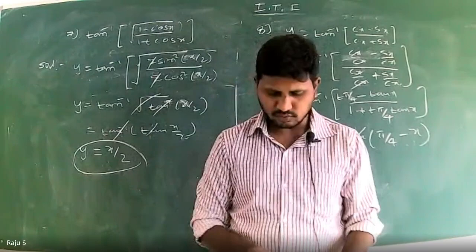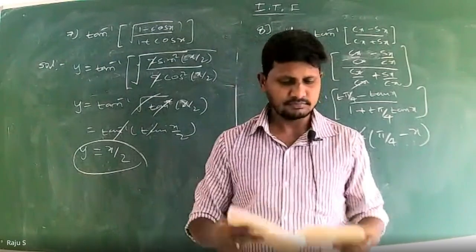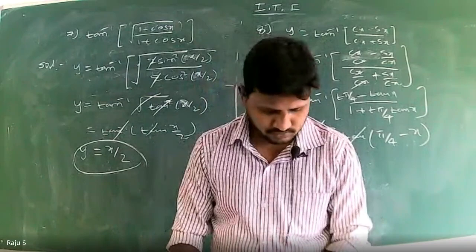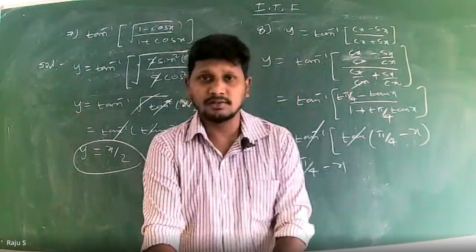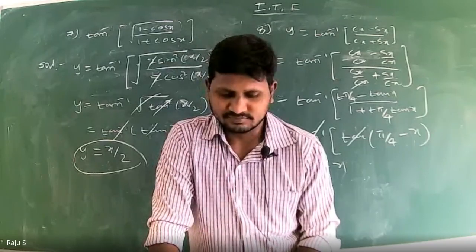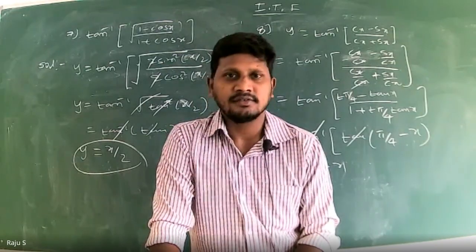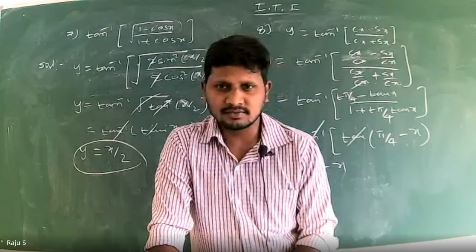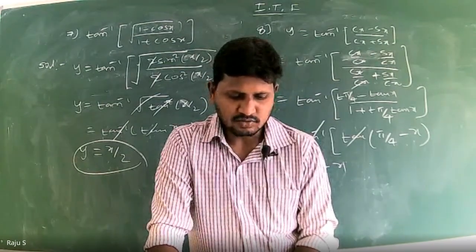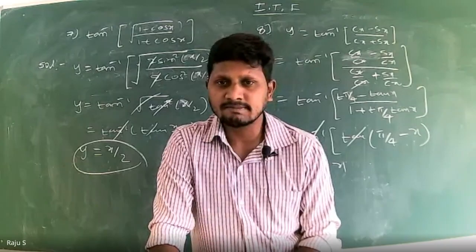Next, question number 9. Again, what to do? Substitute x is equal to what? Just now I gave substitution formulas. For a square minus x square, what do we substitute, sin theta or cos theta?